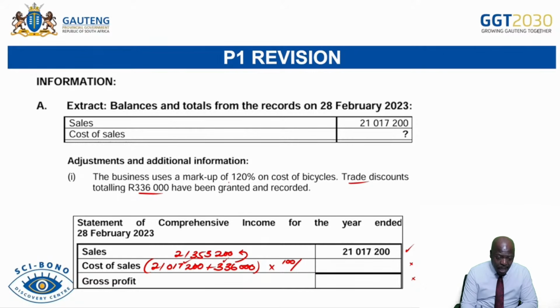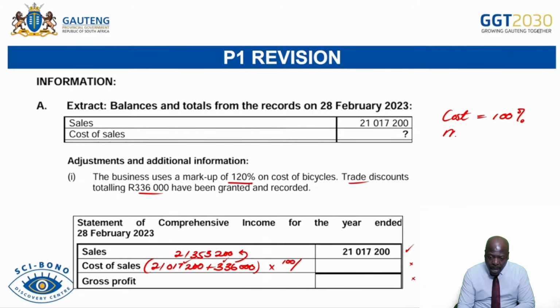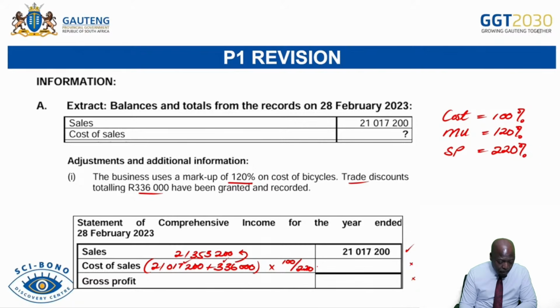Remember, here we're told the business uses a markup of 120, and we understand that cost is always 100%. And then markup is given at 120%. And then selling price would therefore become 220%. So it becomes 100 over 220.